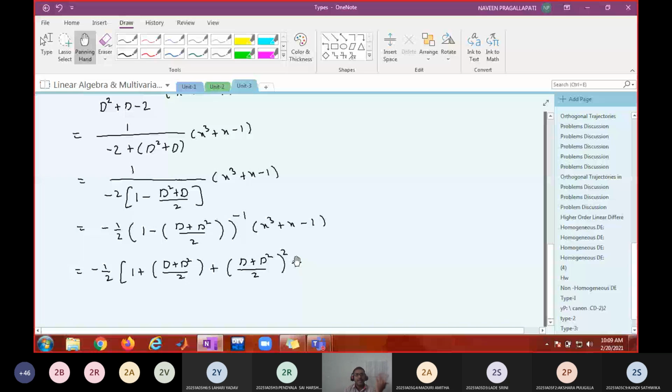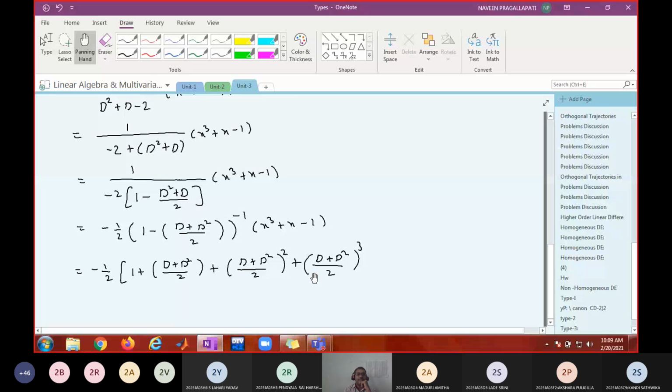You can omit d power 4, d power 5 and so on. Because d power 4 of x cube is going to be 0. D power 5 of x cube is going to be 0. But d cube of x cube is non-zero, right? So if I write one more term, d plus d square by 2 whole cube. If I expand a plus b whole cube, first term will be d cube, no? Do you understand? Yes, sir.